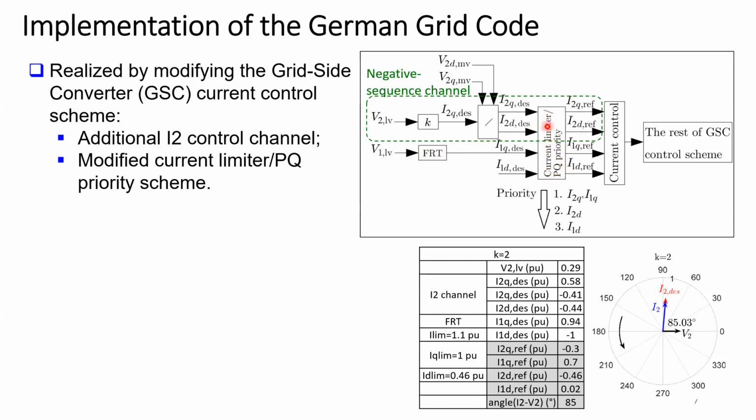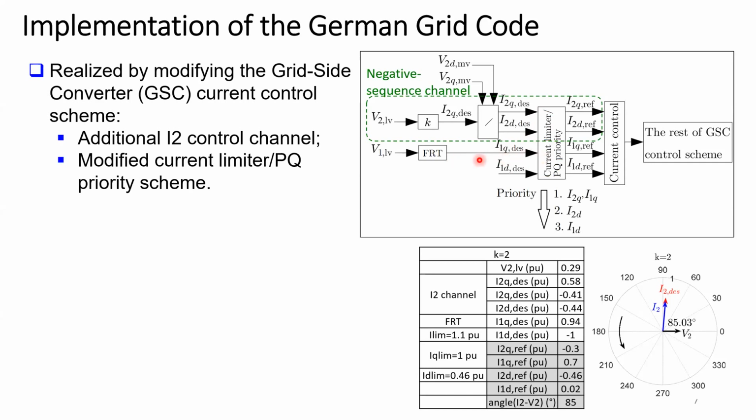The objective here is to generate a negative sequence reactive current whose amplitude is proportional to V2. This is realized by multiplying V2 by a characteristic gain K, and then generating the desired D and Q axis components of negative sequence current to achieve a desired phase angle.